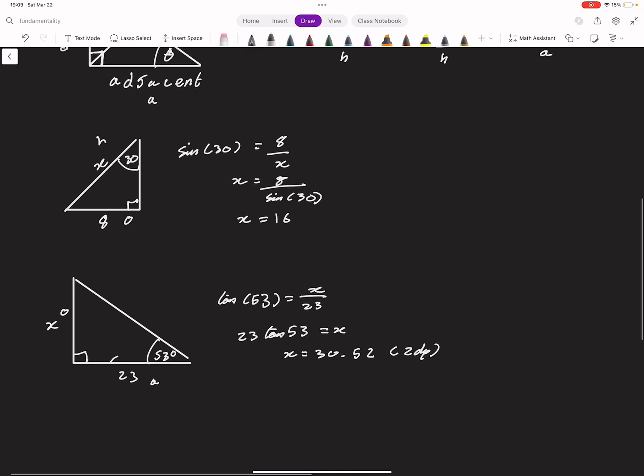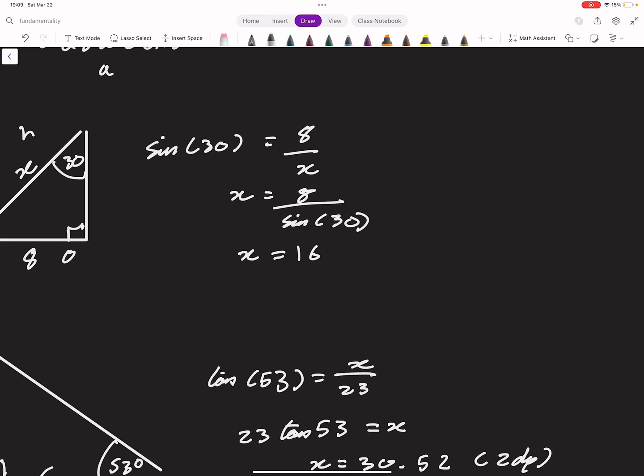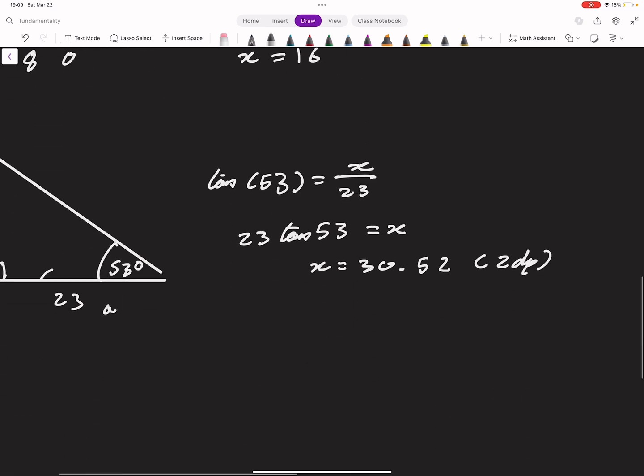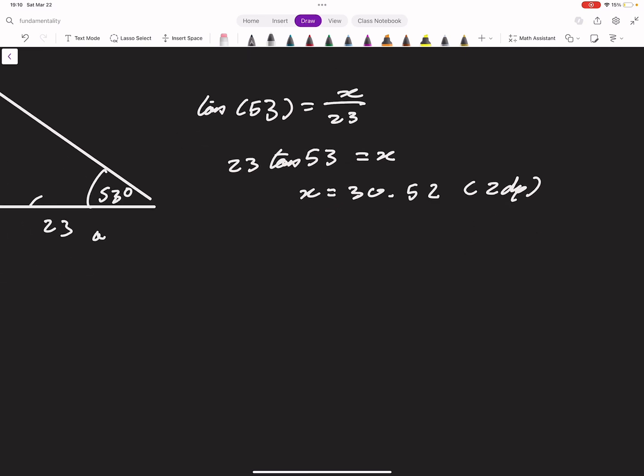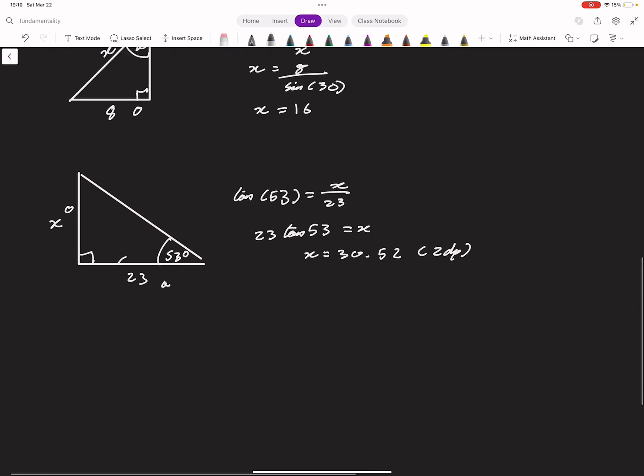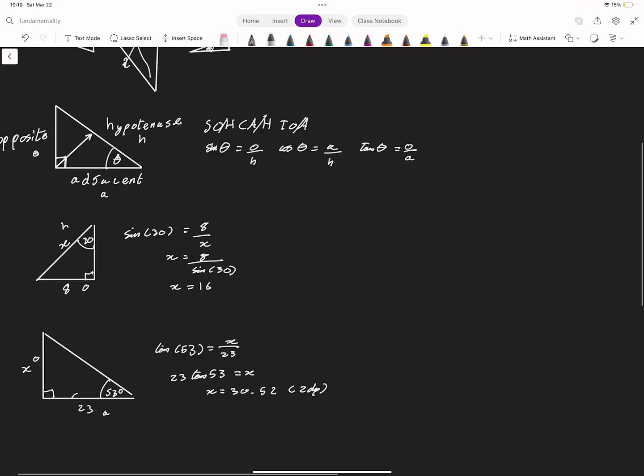So these SOHCAHTOA problems, 30 is a special number in this because, well, I'll tell you later why. But most questions you're going to get really nasty numbers like this, 30.52, and it will tell you how many decimal places to put in. So you should be fine, but yeah, it's just not nice to work with nasty numbers.